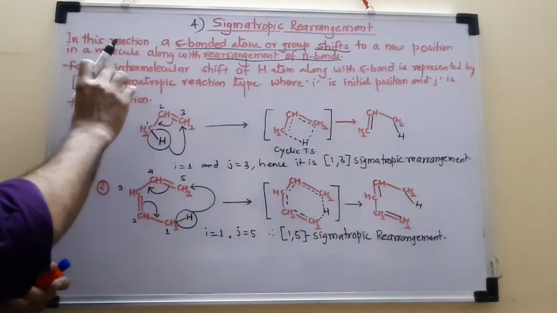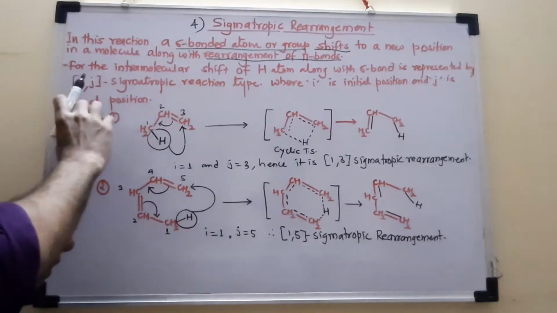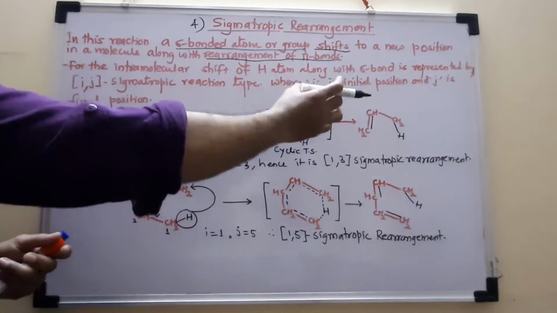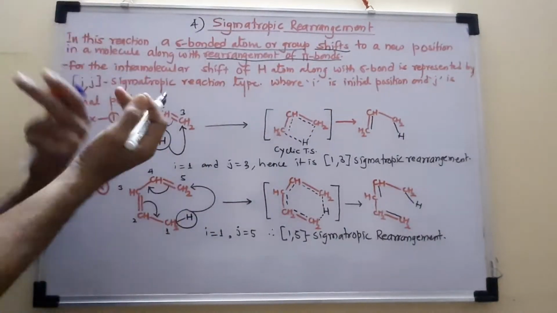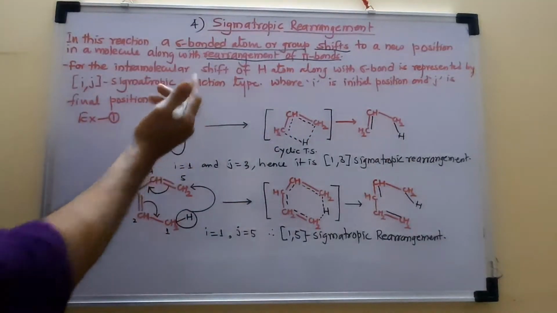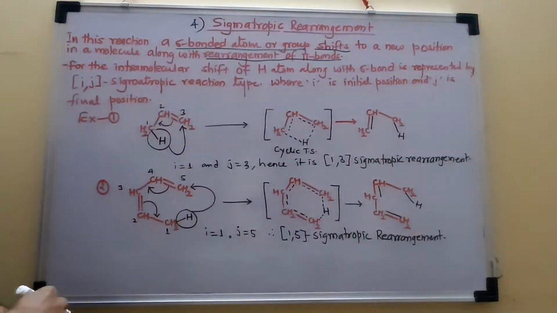Then one atom or a group of atoms migrates from one position to another along with the rearrangement of pi bonds, which is called sigma-tropic rearrangement.